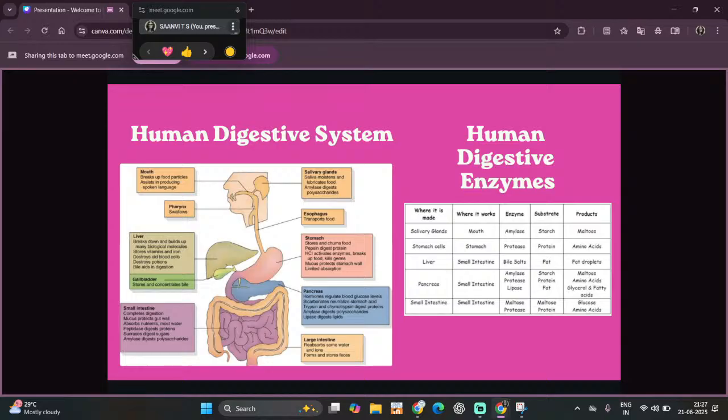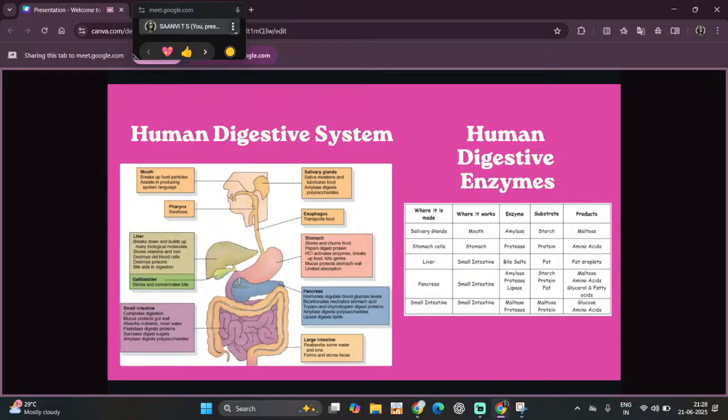Complete digestion takes place in the small intestine. The small intestine is the part of the alimentary canal between the stomach and the colon. Here, the major process that takes place is that the pancreas, through the pancreatic duct, secretes the pancreatic juice, and finally major digestion takes place here.